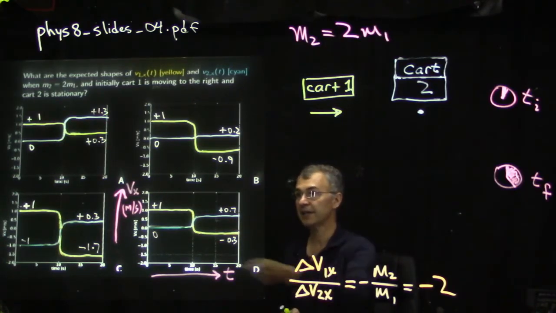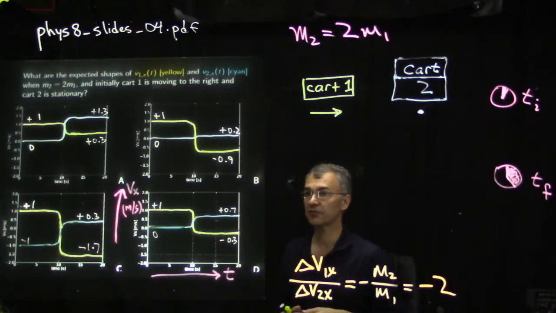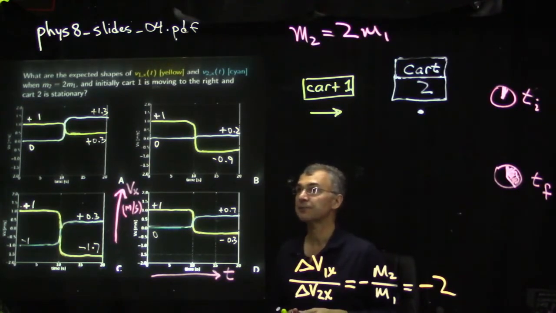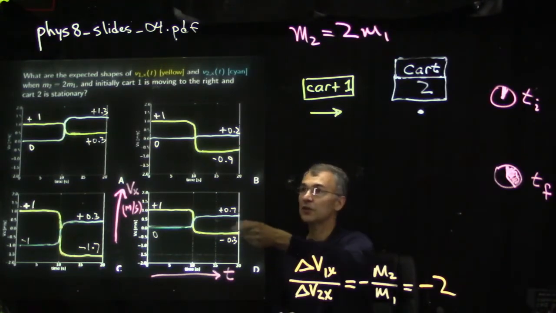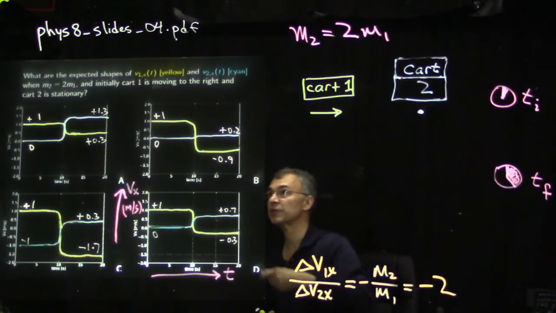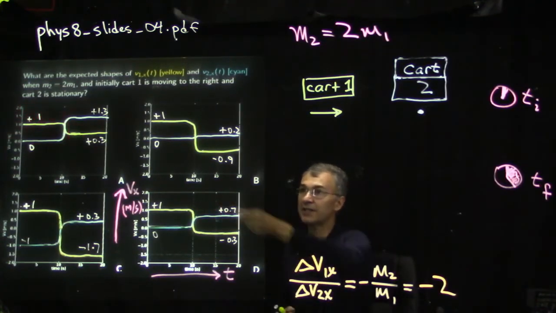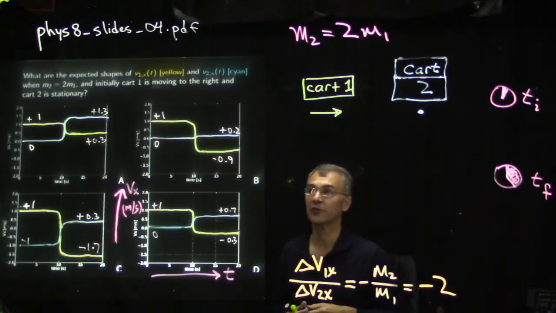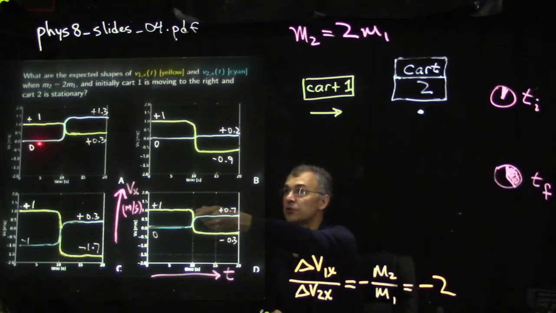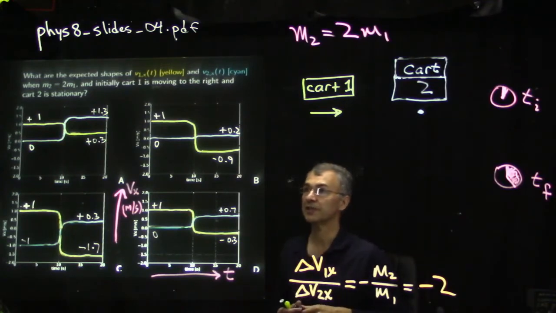A, B, and D match the initial conditions, so we can rule out C. And then if we look at A, cart 1 goes from +1 to +0.3. That's a change of -0.7 meters per second. Cart 2 goes from 0 to +1.3. That's a change of +1.3.